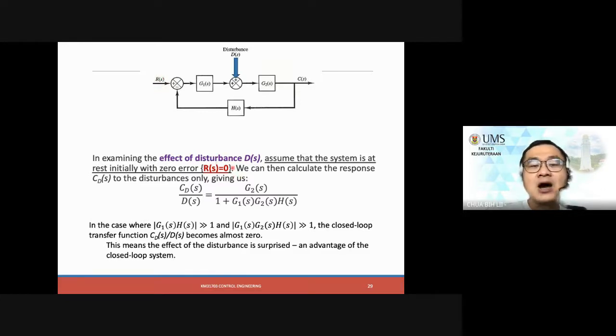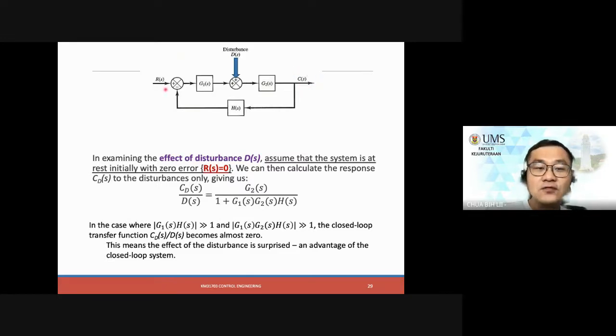This is how we can treat this system independently. So we assume that Rs doesn't exist, and then we form this kind of loop. Our main objective is to see how it will affect the output, the Cs over here.